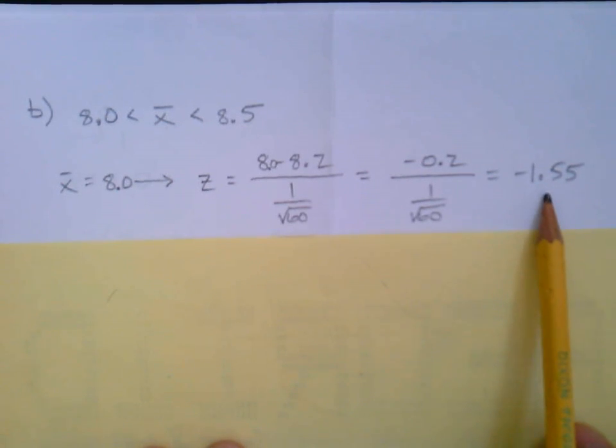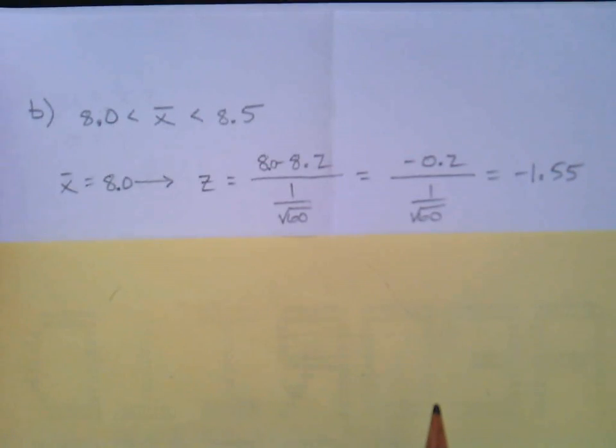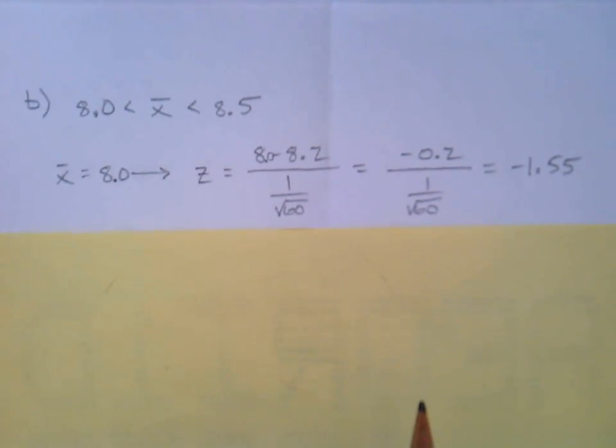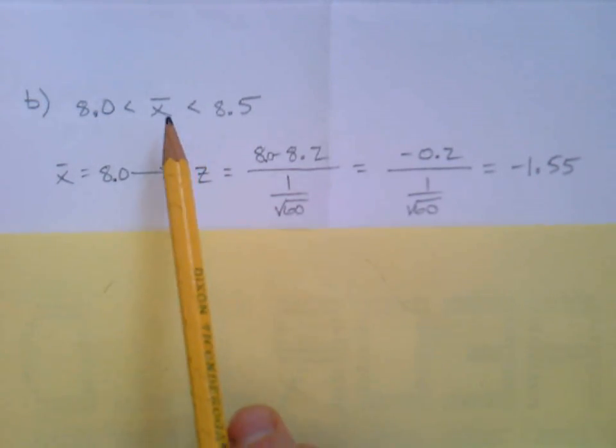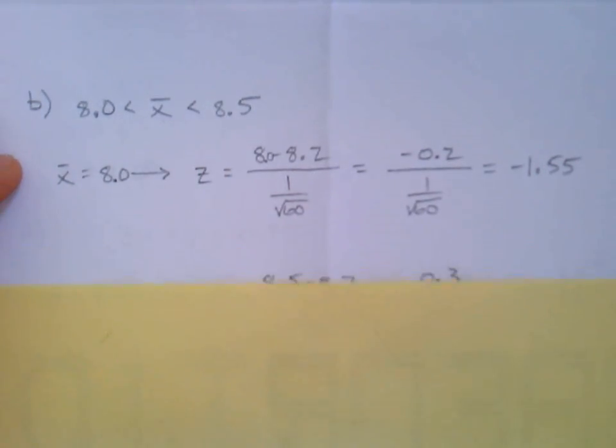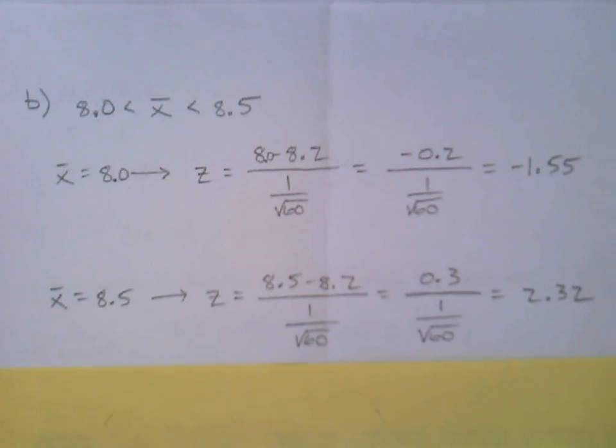We got the z-score to be negative 1.55. Keep that in mind. Now, let's say x bar equals the bigger one, and we'll find that z-score. The z-score that goes with 8.5, well, we've done this several times now. Please calculate these along with me.